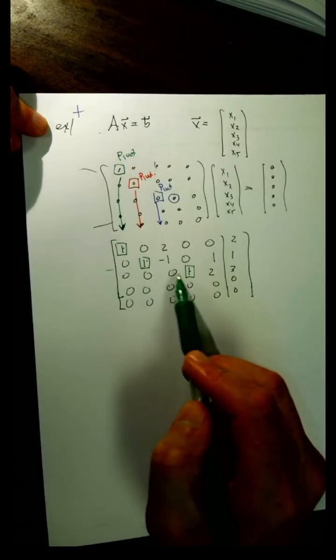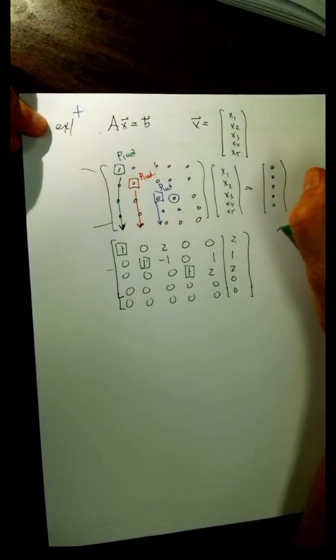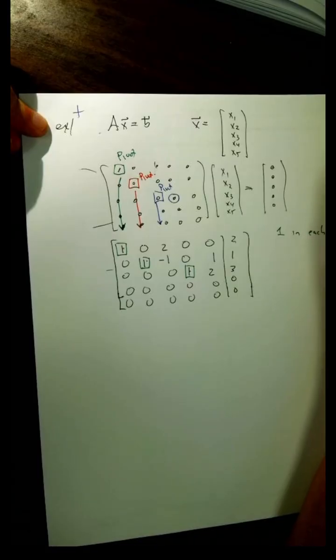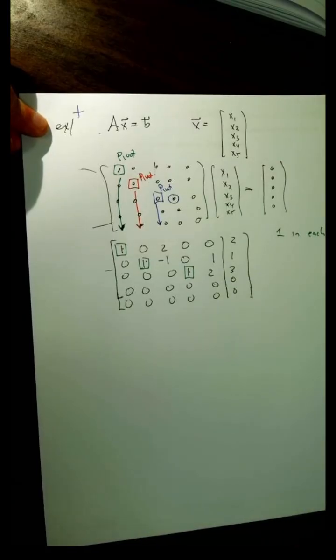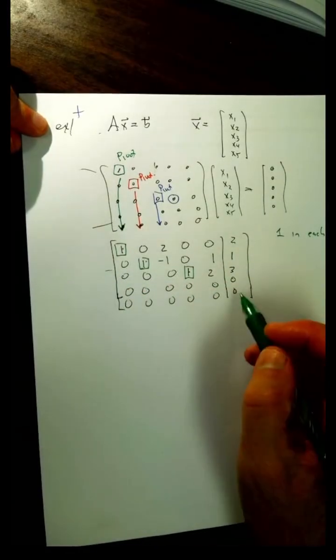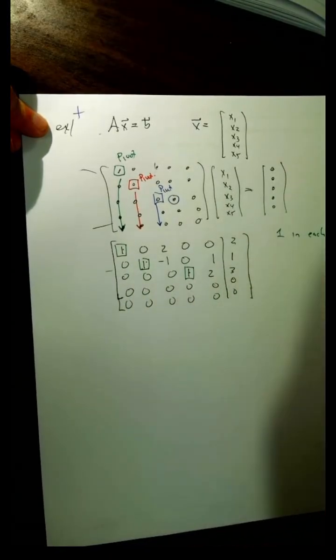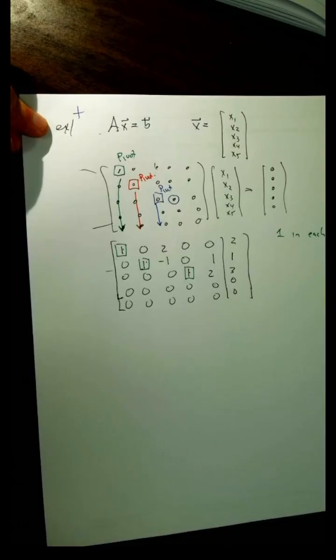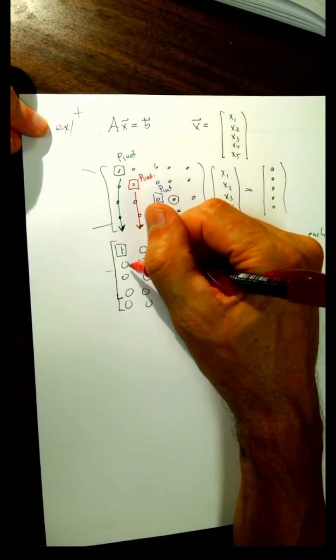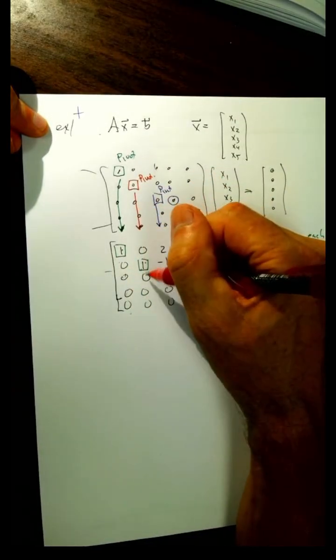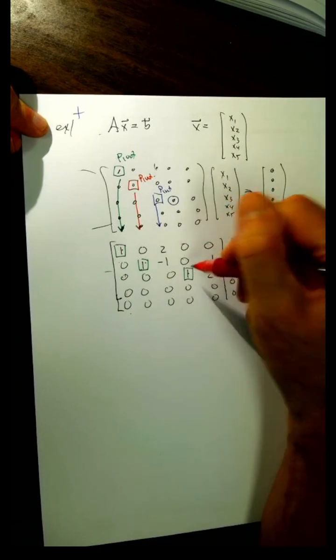Note in each pivot I have a 1. Okay, that's going to be important. So if that's the case, and I've got all zeros here, and now the other thing that's important is that for each pivot, I have zeros below and above each pivot.